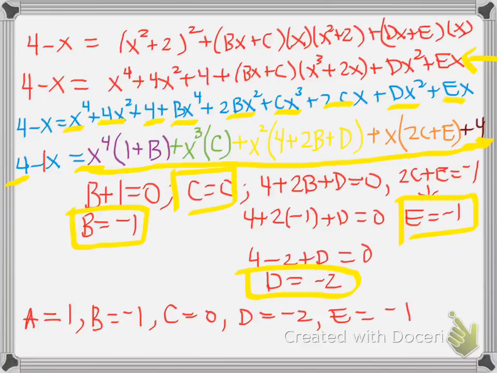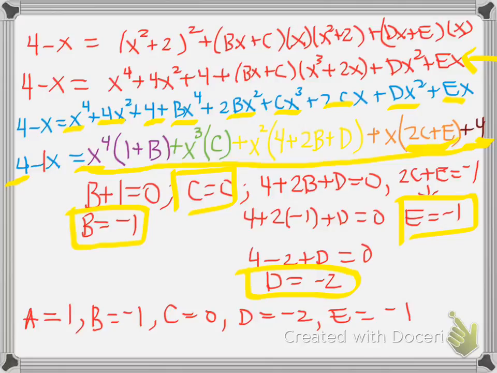There's also no x cubed, so c equals 0. For x squared, there's no x squared on the left-hand side, so 4 plus 2b plus d equals 0. There is a negative 1 for x on the left-hand side. We're looking at the coefficients, because this represents the coefficient of x, so 2c plus e equals negative 1.